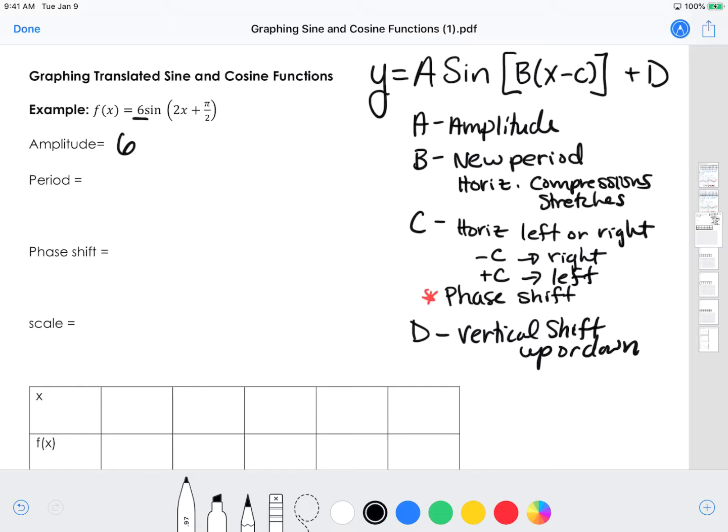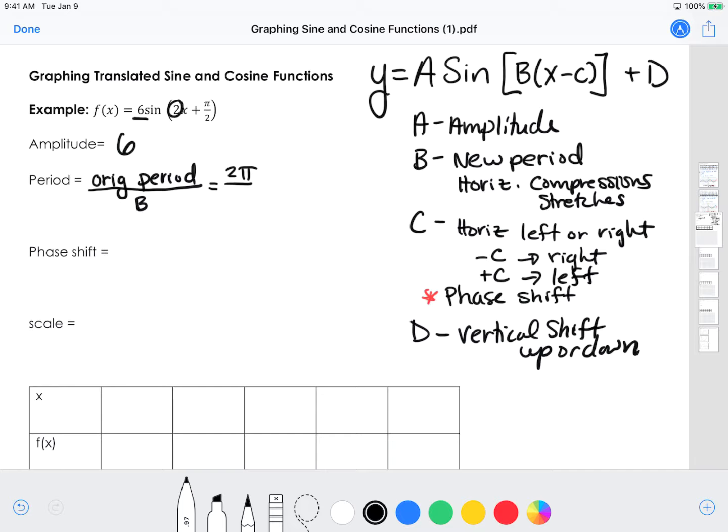Now, for the period, to find the period of the translated function, we're going to take the original period and divide it by our value of b that's given in the problem. Since this is a sine function, the period for the mother function of sine is 2 pi. And our value of b in this case is 2.